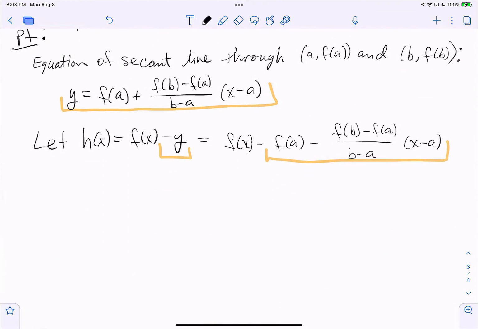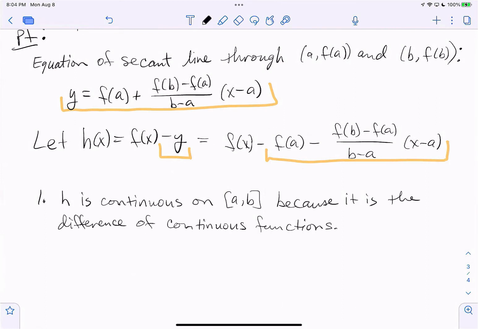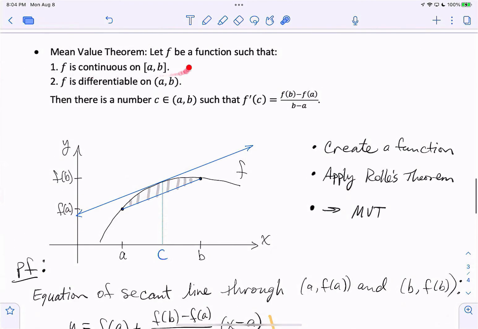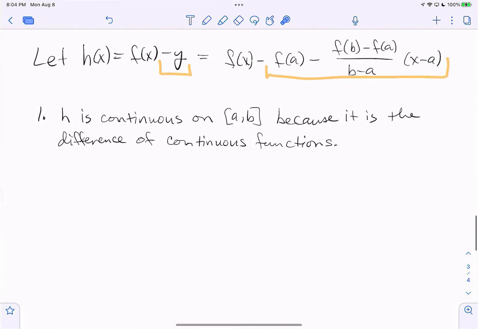Rolle's theorem, you may recall, has three criteria, or three hypotheses. One is that h is supposed to be continuous, and it is continuous on the closed interval from a to b because it's the difference of continuous functions. y is a linear function, and f is continuous by assumption. h is also supposed to be differentiable, and guess what?